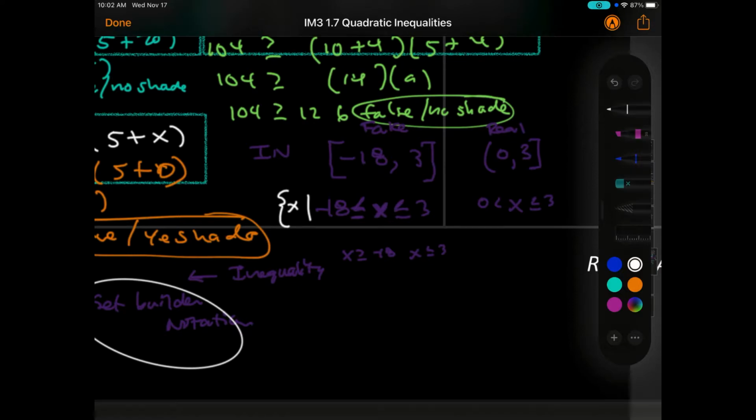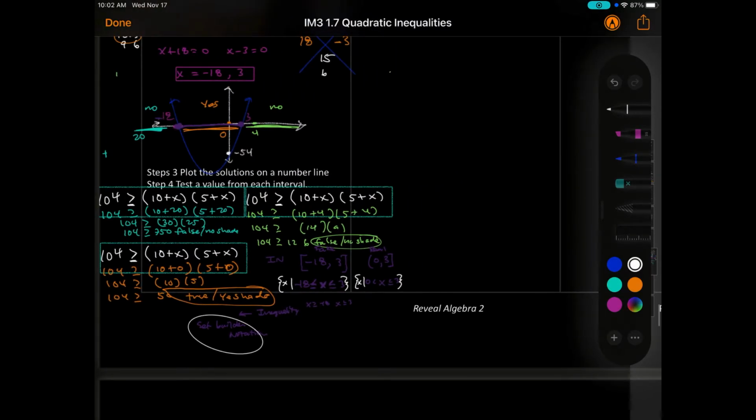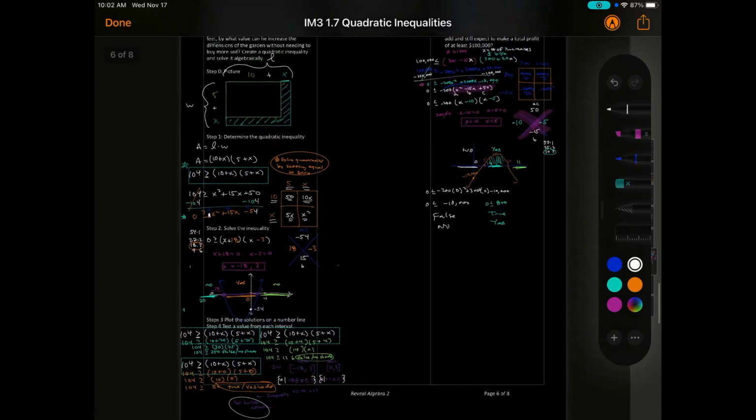In the set such as x can only be between -18 and 3. And so I'm trying to point out here in what I'm drawing in white is what makes a set builder notation. Okay, so we can increase the bed size by making an x value that's greater than 0 and less than or equal to 3.